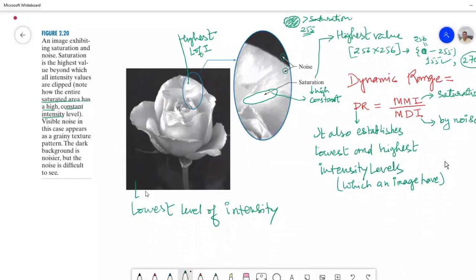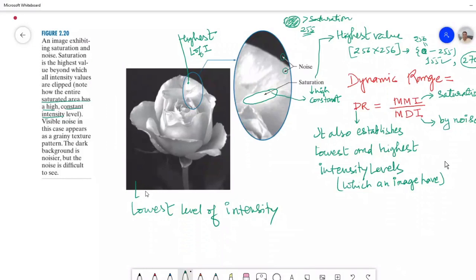The contrast ratio is the ratio of these two quantities, highest intensity and lowest intensity. When an appreciable number of pixels in an image have a high dynamic range, then we can expect the image to have high contrast. Or in other cases, it has a dull or washed out gray.